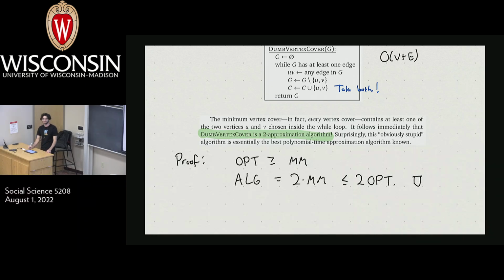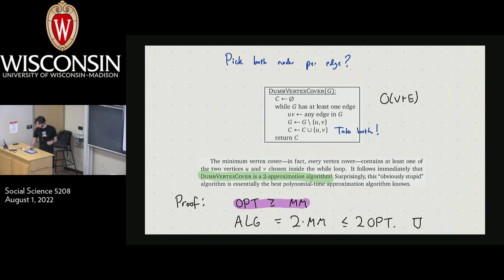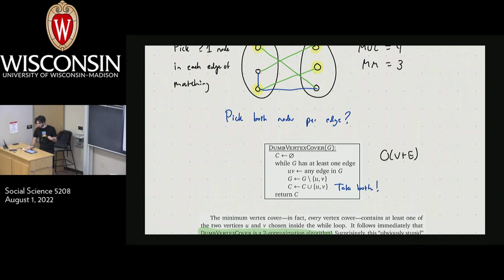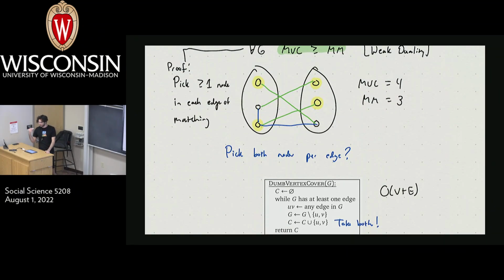That's it. So the key step here, the actual hard part, is the weak duality part. But once you have that, proving it's a 2-approximation is super easy. By literal definition of our algorithm, we grow a maximum matching, and then we pick both the nodes in it.